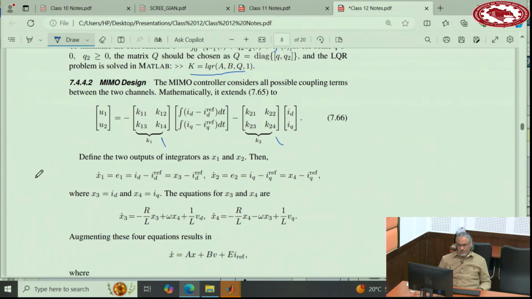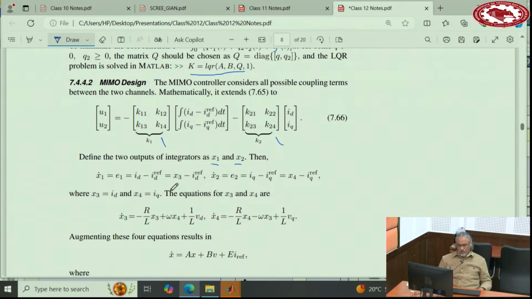So if you really look at the equations and define the state variables properly, let's define x1 and x2 as the state variables of the output of the integrators. Therefore, derivatives of these state variables become the tracking errors, right? So you can put it here, and ID and IQ will be x3 and x4. So we have 4 state variables, but together now. They are not separate. Output of the 2 integrators in the controller and the ID and IQ.